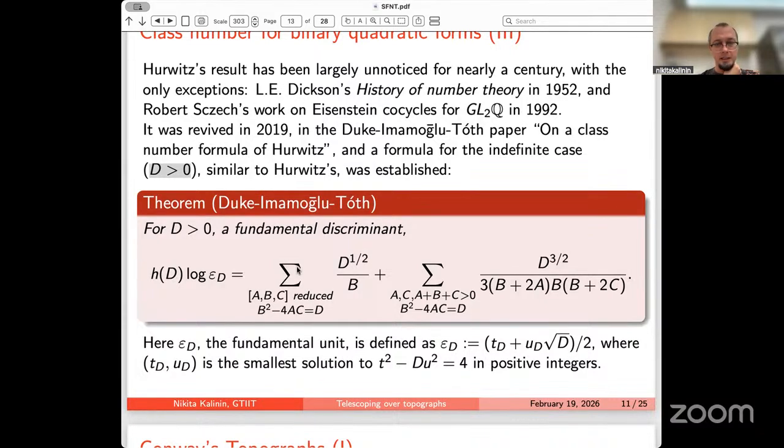And then again you have a sum over all A, C with A plus B plus C bigger than 0, which corresponds to reduced forms. Again, you have a term like d to the power 3 over 2, and here the product of 3 linear expressions. Also, you have some additional term here, that's ABC reduced, and here you have d to the power 1/2.